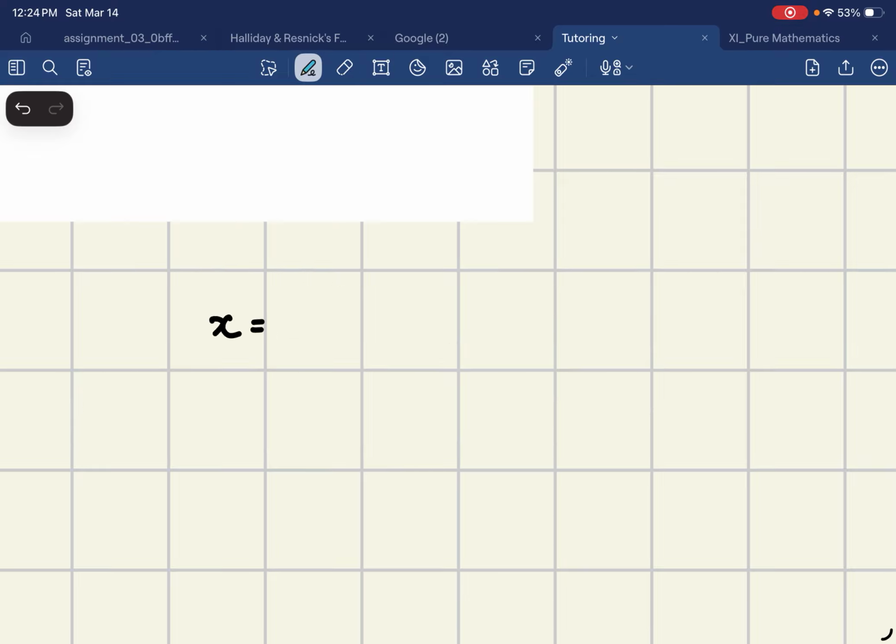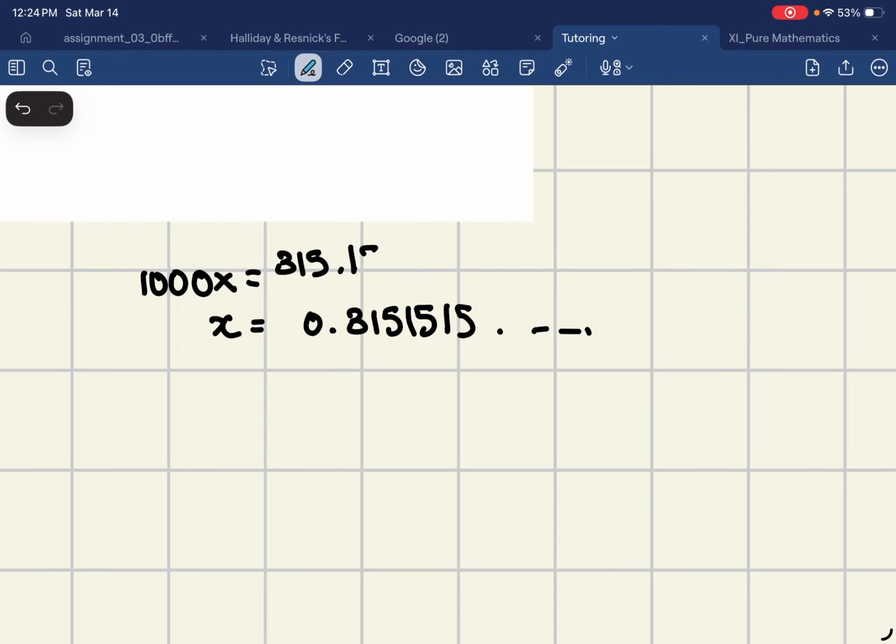So x is 0.3151515, and so on. What if I multiply x by 1,000? If I multiply by 1,000, I'm going to have to take it 3 positions. I get 315.151515. So you want to multiply by a value that makes sure that when you subtract these two things, things will start canceling out.